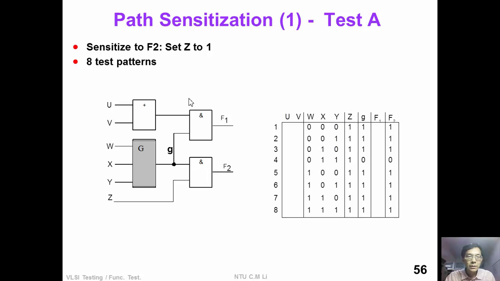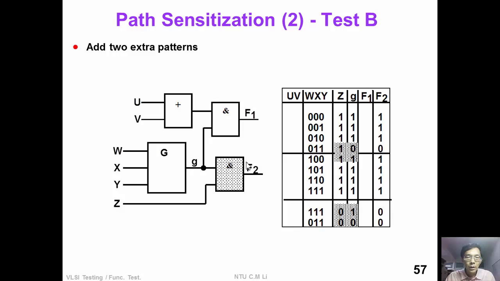Now we test the segment A exhaustively. It has 3 inputs, so the shortest test length would be 8. To sensitize node G to output F2, we need to set input Z to 1 all the time. Totally, we would need 8 patterns.